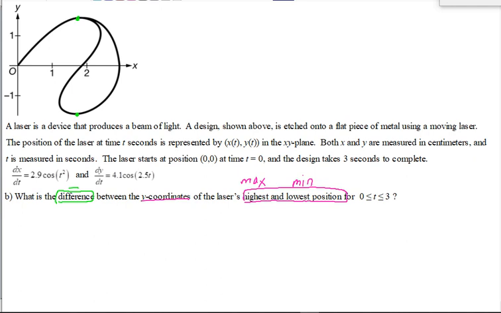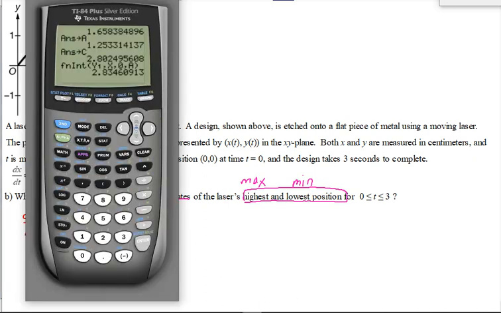All right, so here we have to set dy dt equal to 0 to maximize the y coordinate, its derivative. And so we can use our calculator to do that. So if I go back to the 84 here, we don't need this anymore, so I'm going to clear this one out and then put vars, y variables, parametric, y1 of x, and then graph it.